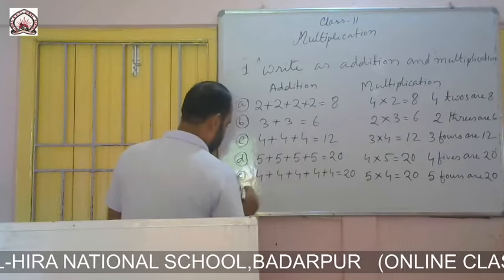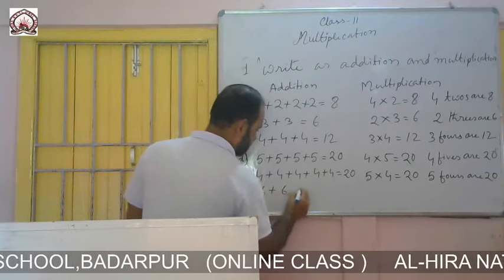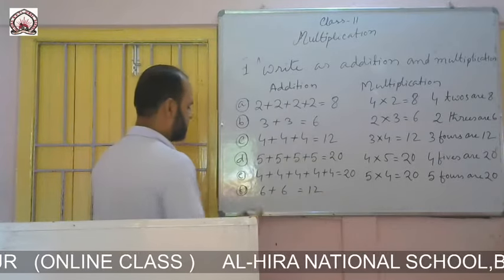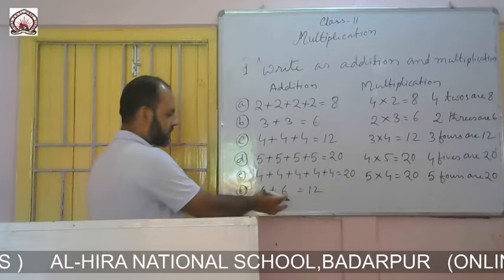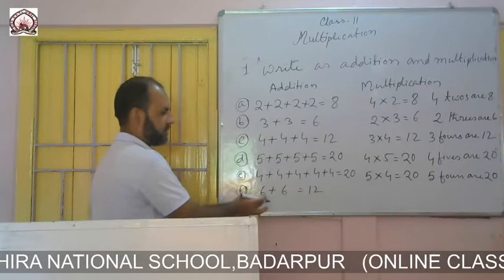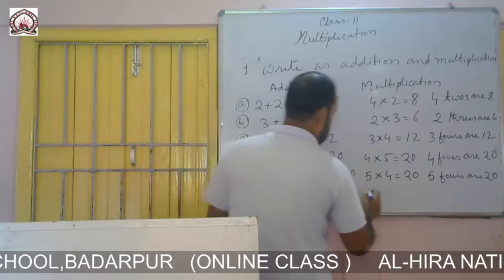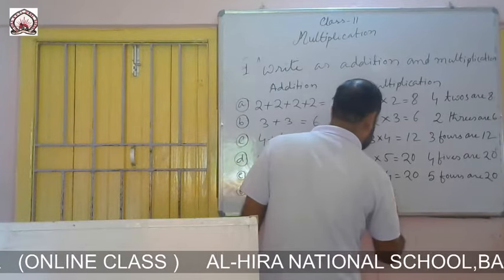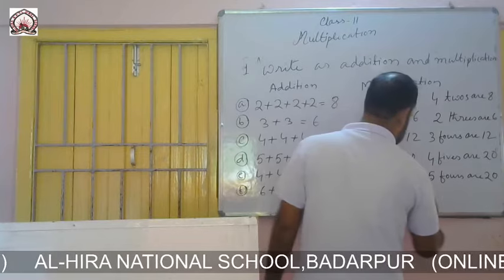Next, F. 6 plus 6 equal to 12. Here we got 6 how many times? 2 times. So in multiplication we write 2 into 6. 2 times 6 equal to 12.